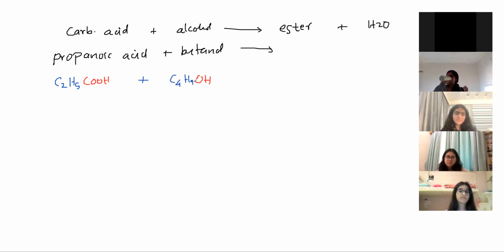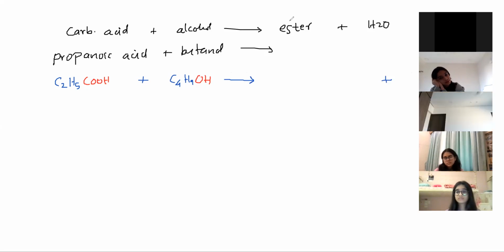Okay. Now take a careful look at the way I'm forming the products. I have to form water.